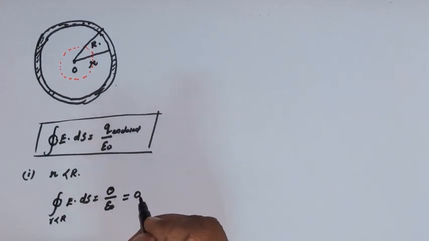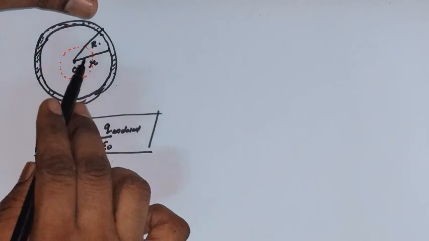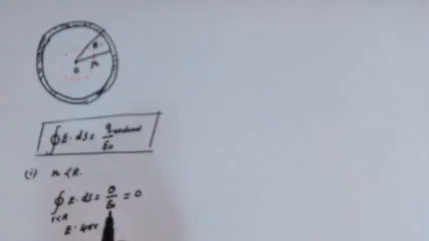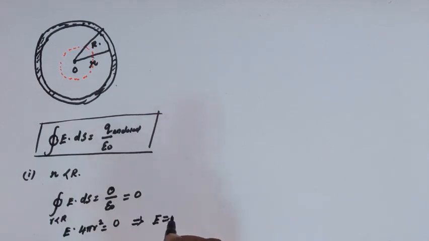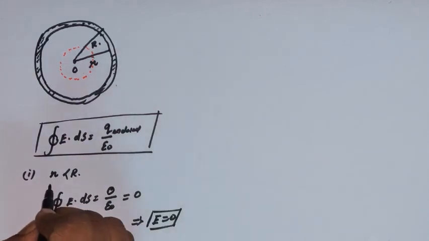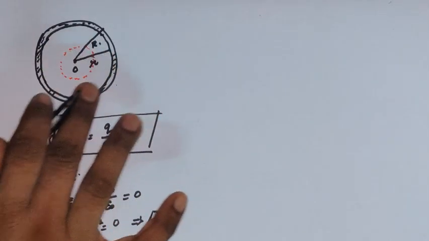Integrating dS over the sphere of radius r gives the surface area 4 pi r squared, so E times 4 pi r squared equals 0. This gives E equal to 0. That means the electric field is 0 whenever r is less than R. Inside there is no electric field at all.